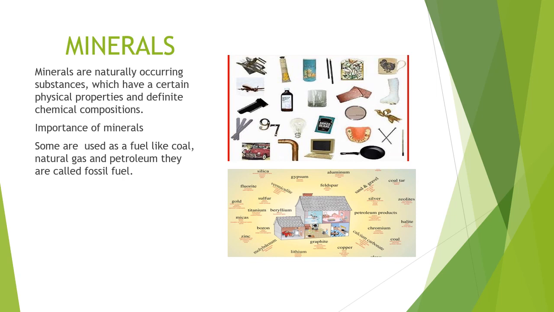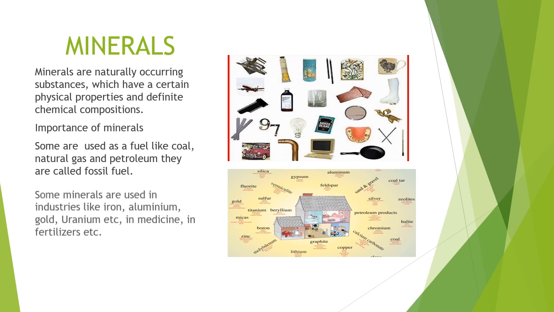Coal, natural gas, petroleum are also called fossil fuels. Fossils are formed when remains of plants and animals get embedded between the layers of rock. The coal, petroleum, natural gas are formed from fossils, so they are called fossil fuels.